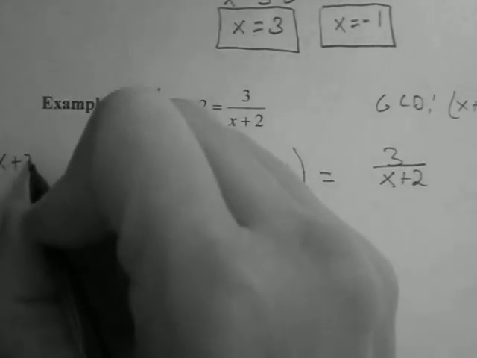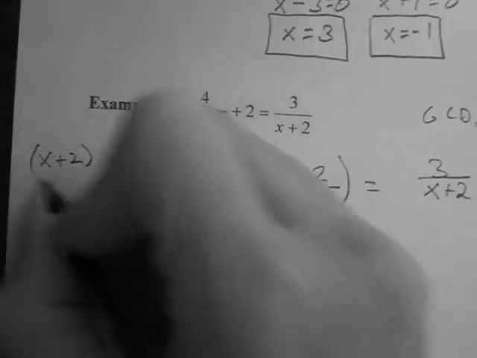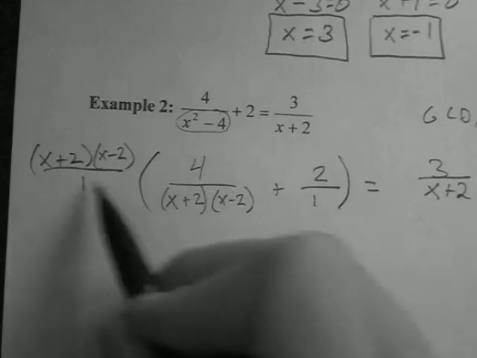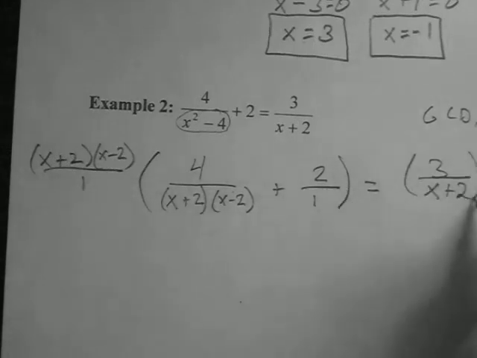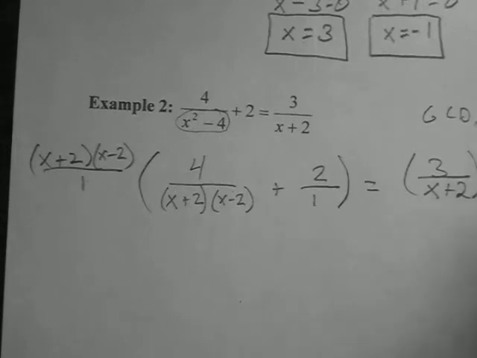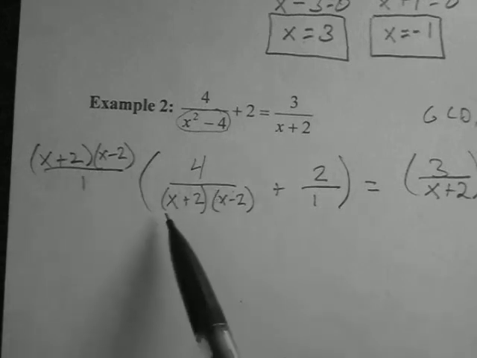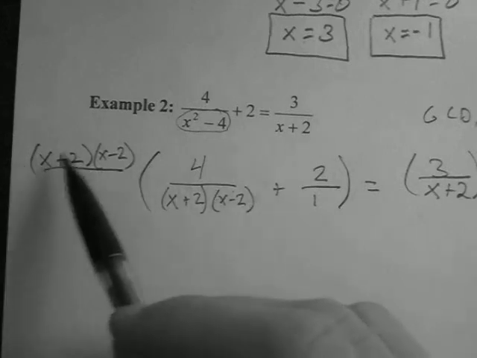So x plus 2, x minus 2 divided by 1, multiplied by both these terms, and then x plus 2 times x minus 2 over 1.